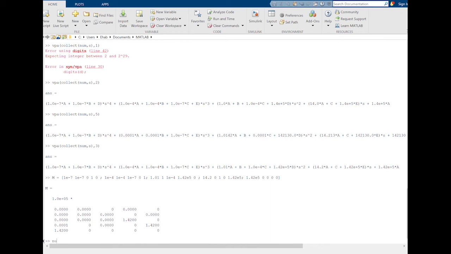So the numerator, let's call it num. That's going to be the row vector.